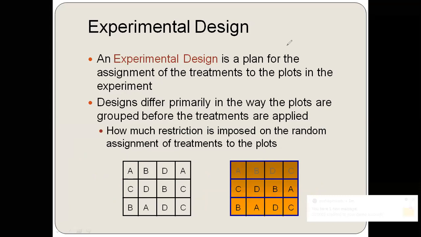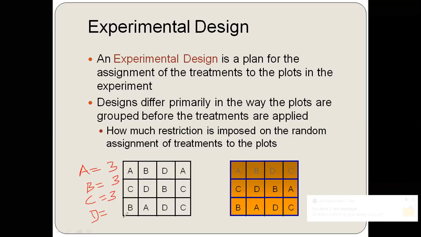Now in the first example, how many times does A appear in the whole experiment? 3 times. What about B? 3 times. C? 3 times.